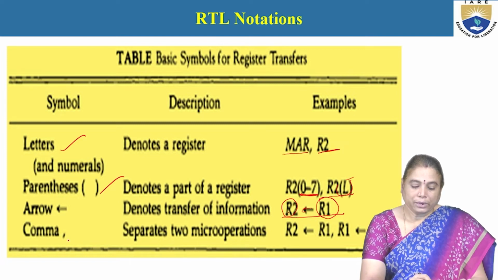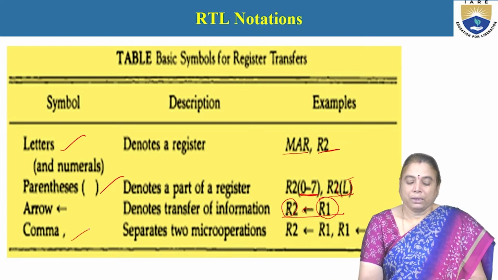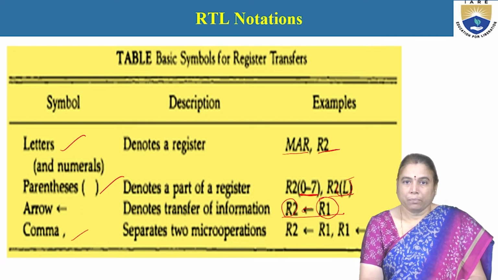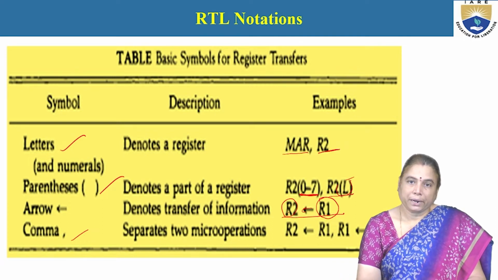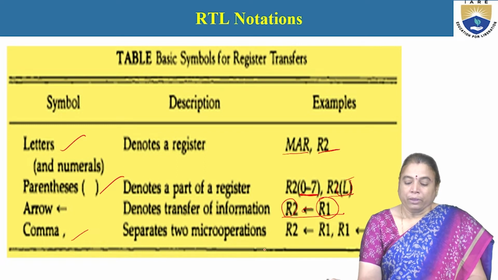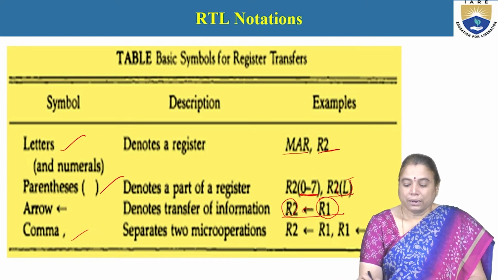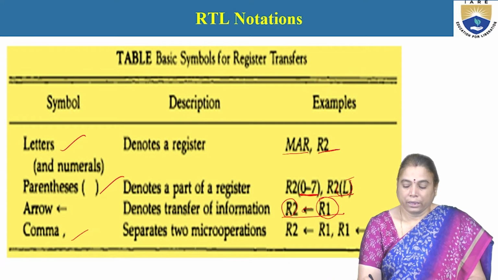The next notation is the comma. Comma is used to separate two micro operations. If a sequence of micro operations is to be denoted, those operations can be separated with a comma. For example, consider two micro operations carried out here.